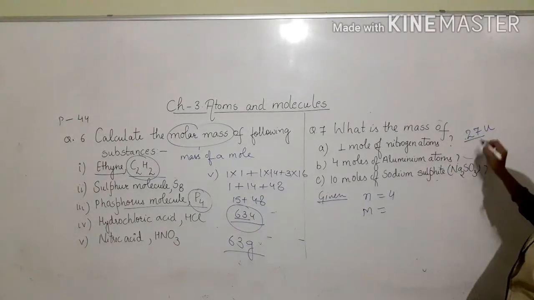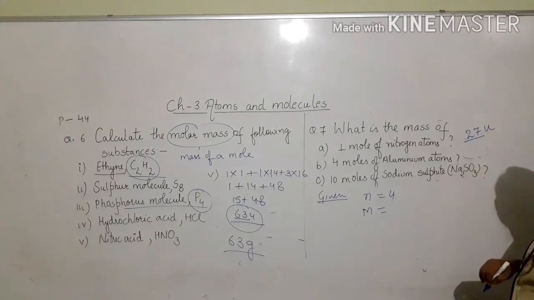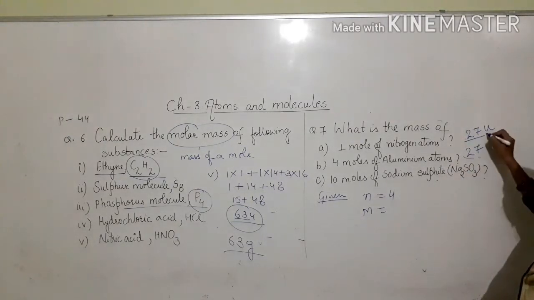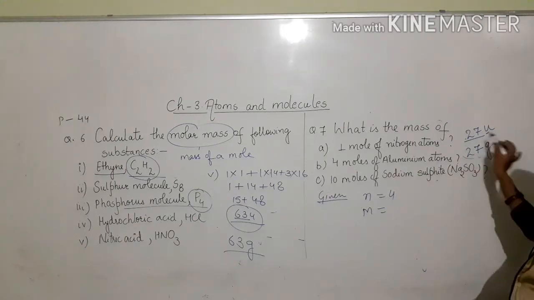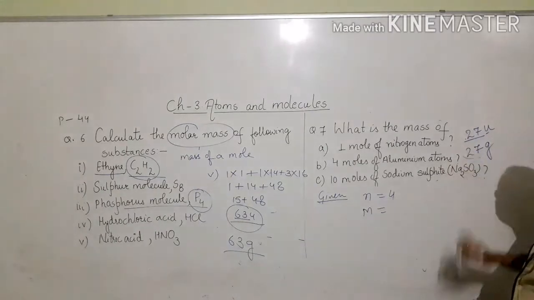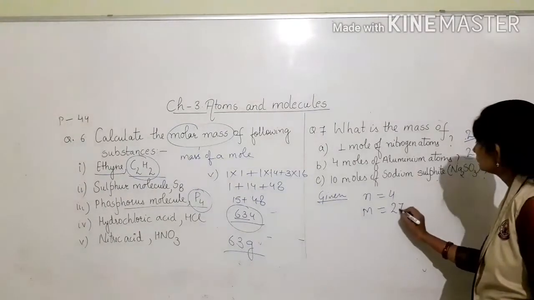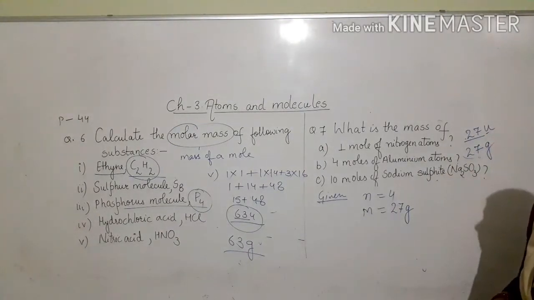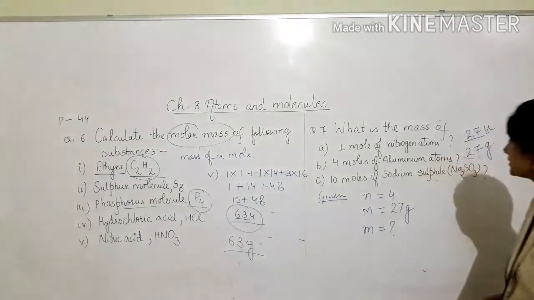Okay. So, it has numerical value 27. Same numerical value will be of its molar mass, that is 27. But in place of U, we will write unit G. So, what is the molar mass of aluminium atoms? That is 27 gram. Denoted with capital M. Okay. Now, we have to calculate mass.